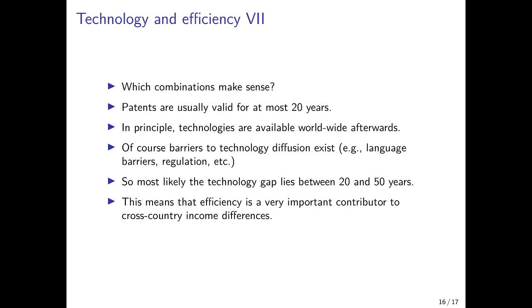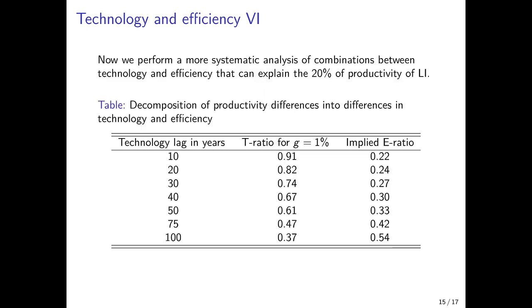So most likely from that perspective, the technology gap would lie between 20 and 50 years. But recalling again the table that we had on the previous slide, it still means that efficiency is rather important in explaining cross-country income differences, because even for 50 years technology gap, it would still mean that the efficiency of the low-income country would be only 33% of the efficiency of the high-income country.